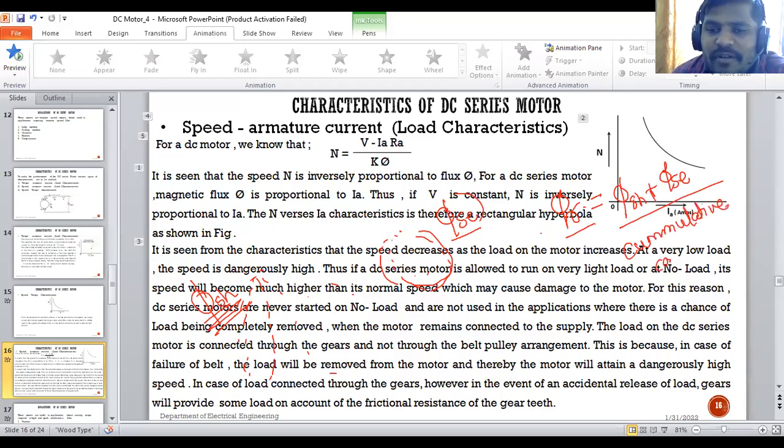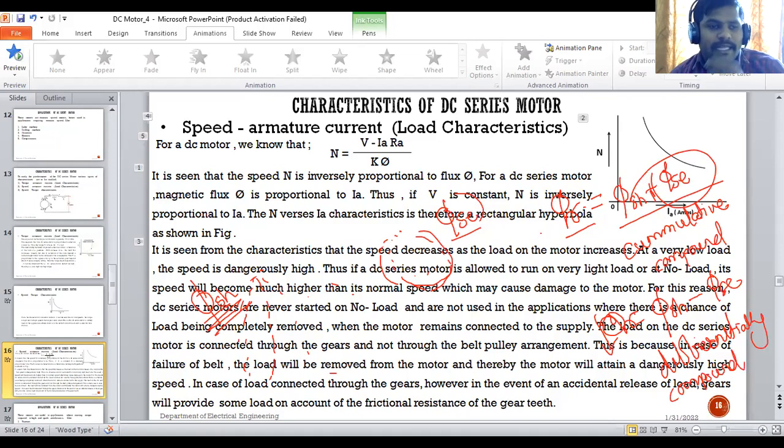And if the series field winding flux is opposite to that of the shunt field winding, phi sh minus phi sc, that is, the resultant flux is reduced, then it is called a differentially compounded motor. We have already seen this in types of motors.